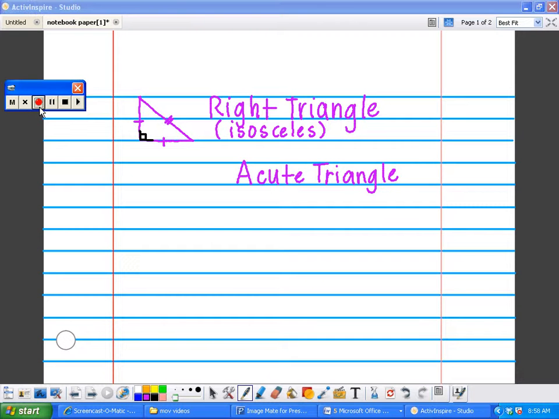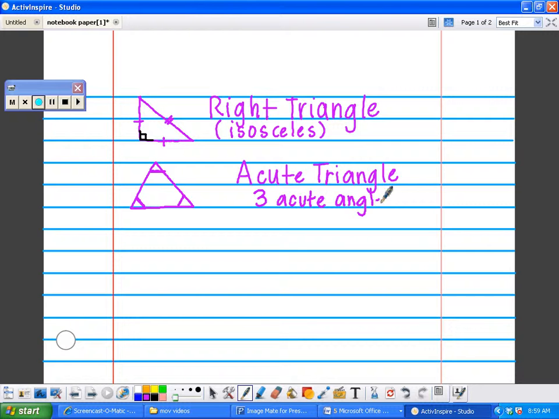It's just like an equilateral. Make sure you're having acute angles. I have an acute right here. I can label them with my little A. Acute, acute, acute. I'm going to write below that 3 acute angles. That is what makes an acute triangle.